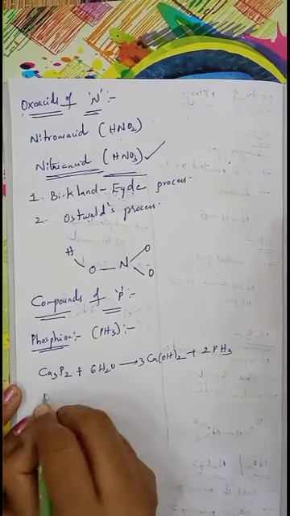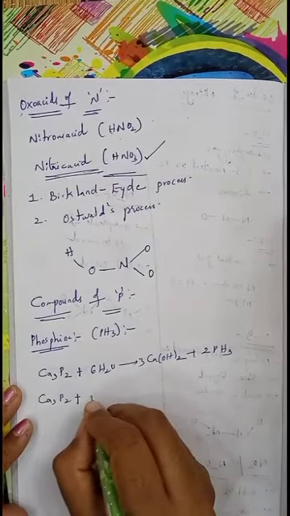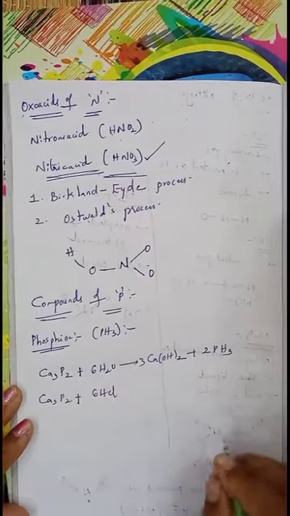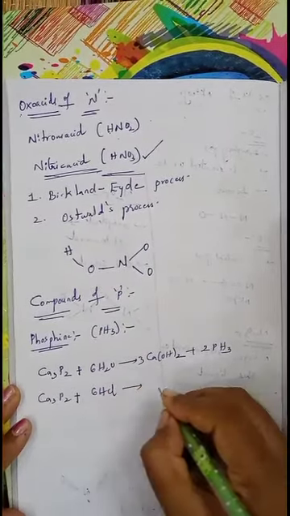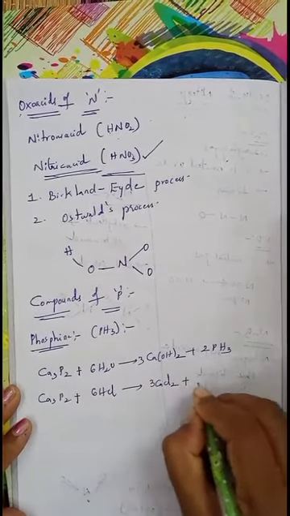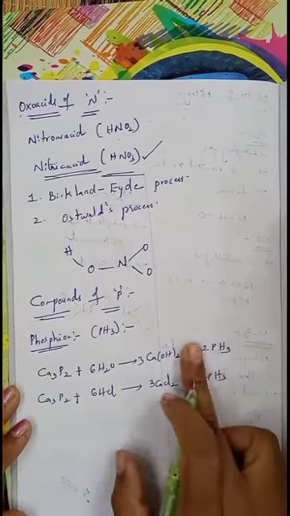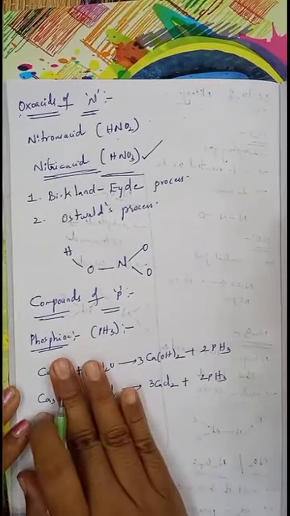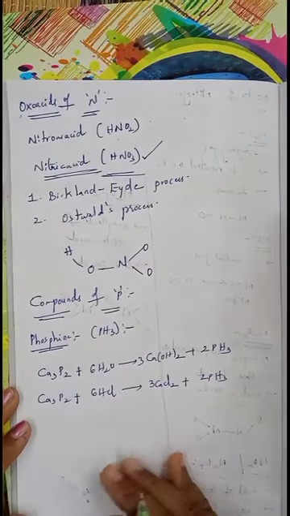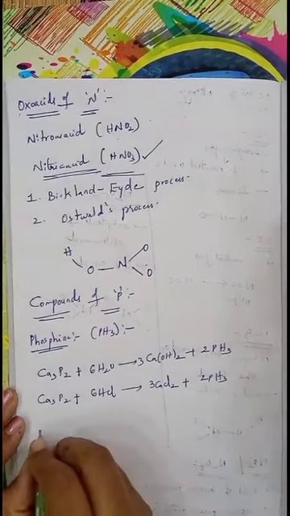Next, the same calcium phosphide reacts with an acid, that is 6HCl, hydrochloric acid. Again it releases 3CaCl2 plus 2PH3, that is phosphine. So these two are important methods to prepare phosphine. Along with these two, one more important method is by using white phosphorus, formula P4.